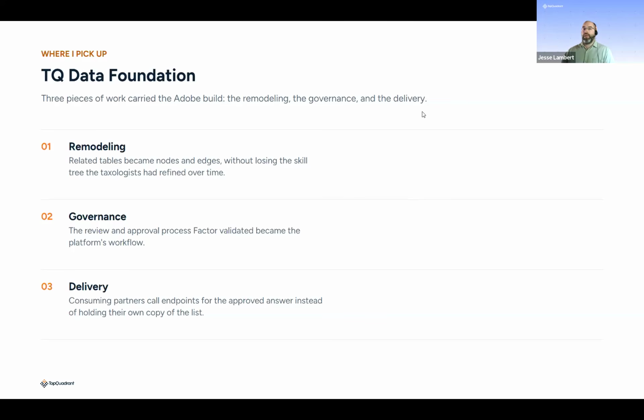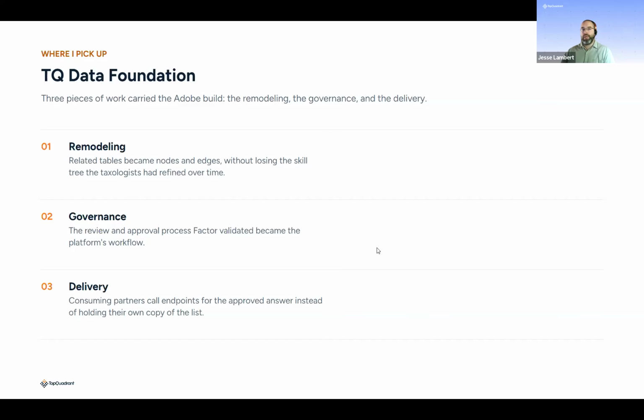I'm going to take it from here, picking up and reflecting a lot of what Connor said, but man, she covered so much, so I'm just going to reflect a lot from a tooling point of view. Based on hearing the requirements from Connor and team, we knew they would need remodeling, moving from Airtables and whatnot, governance and delivery.